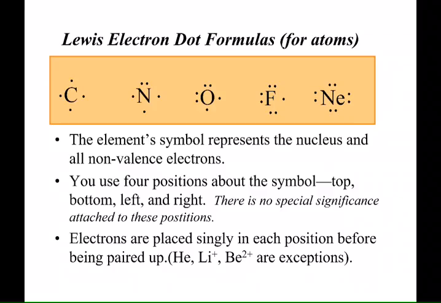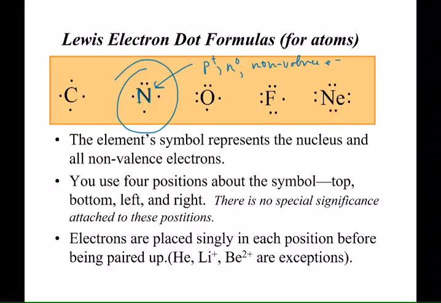So we have these electron dot formulas, and I have a slightly different word for what to call these. If we pick on nitrogen, you told me there are 5 valence electrons around a nitrogen atom. What this Lewis dot formula does is the letter N represents the nucleus, so we have the protons, the neutrons, and the non-valence electrons.